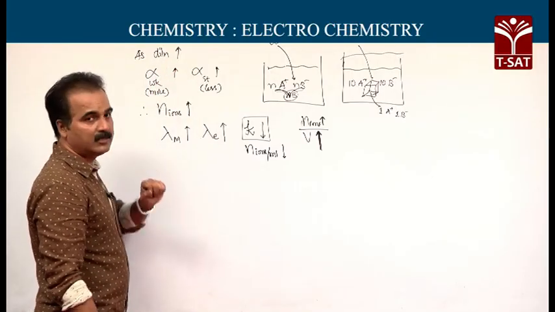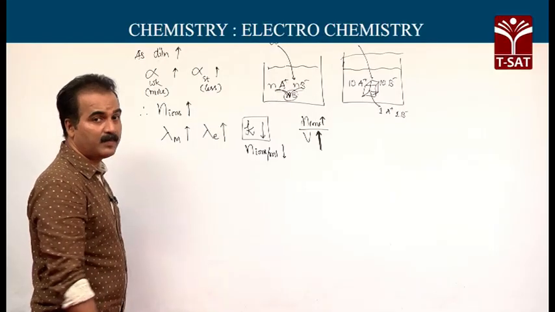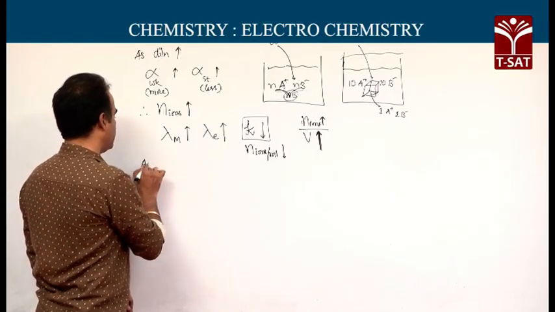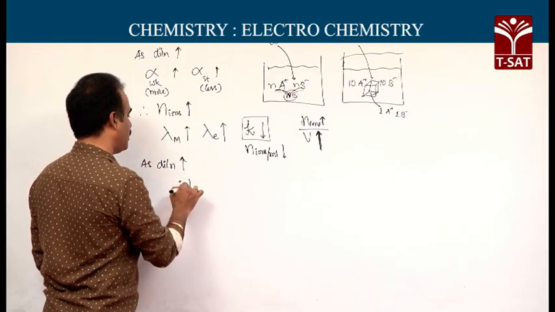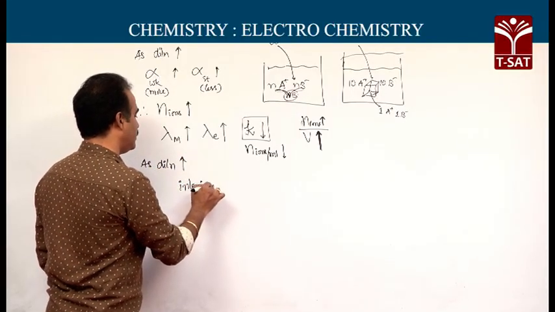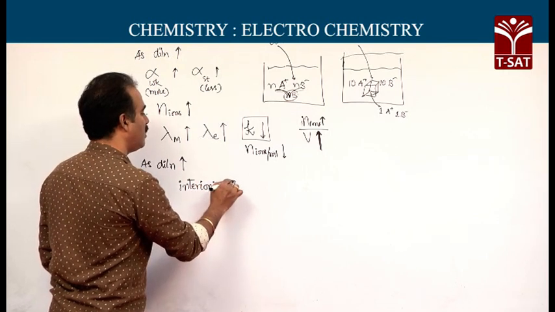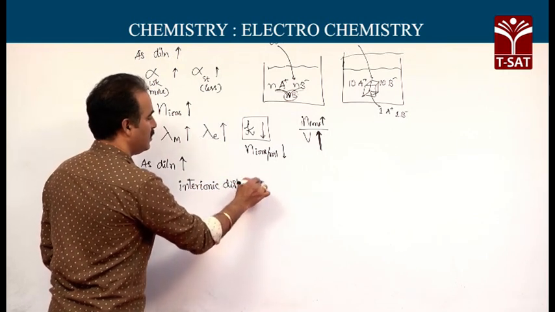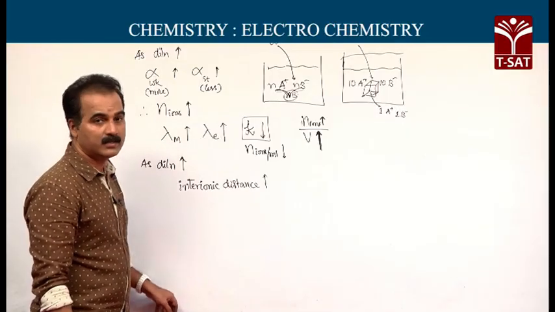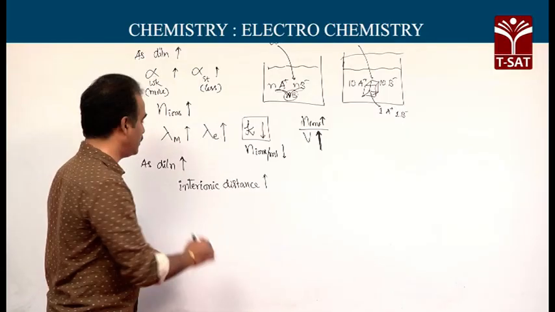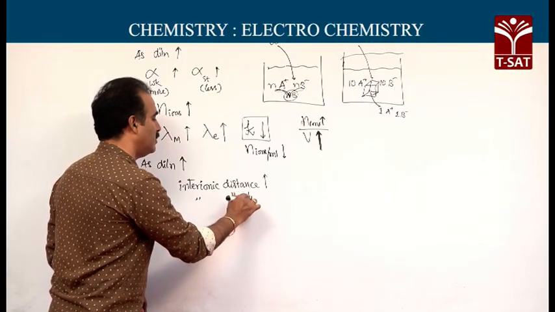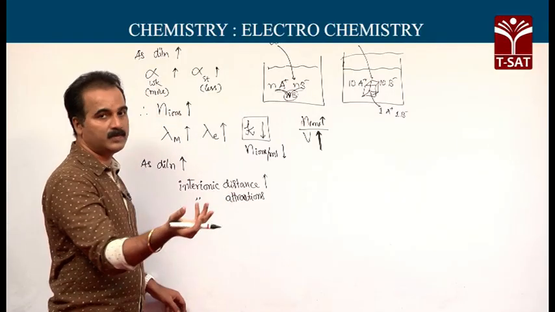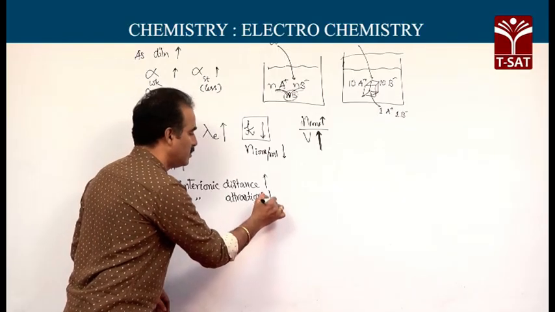And because of dilution, the interionic gap, what happens? As dilution increases, due to lot of water between them, interionic distance increases. Interionic distance increasing means interionic attractions decrease, because distance increases means automatically attractions decrease.